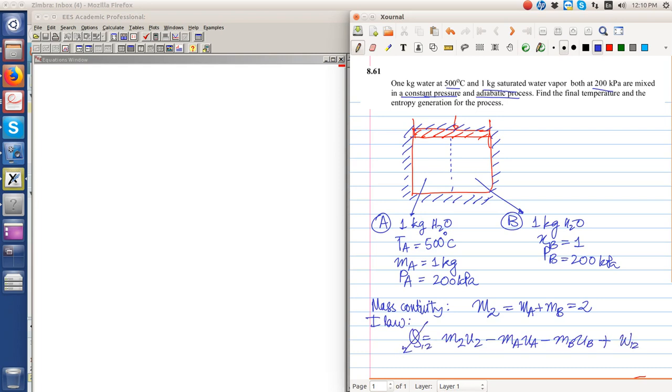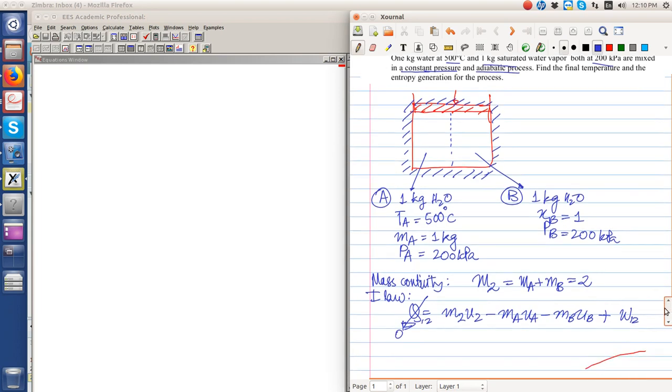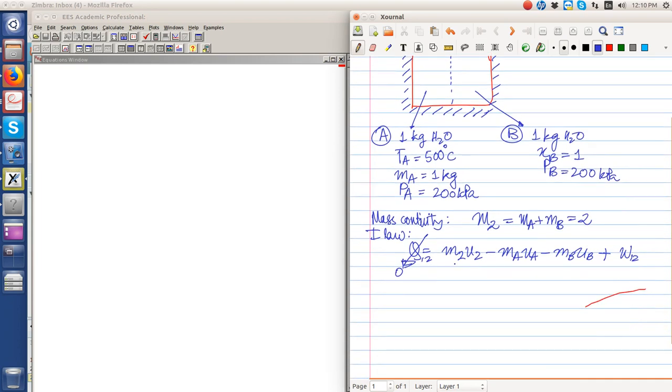Because it is adiabatic, it is insulated, this Q is equal to 0. So M2U2 minus MAUA minus MBUB represents the change in internal energy.